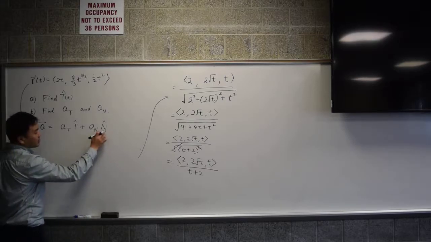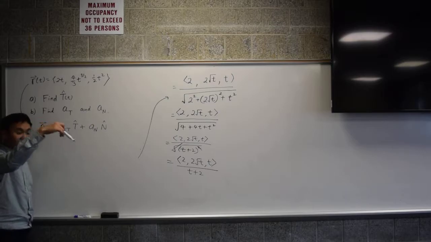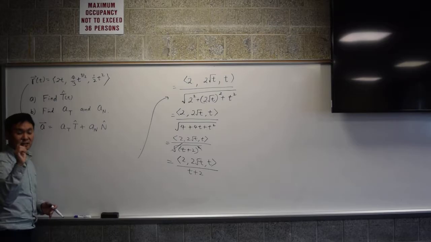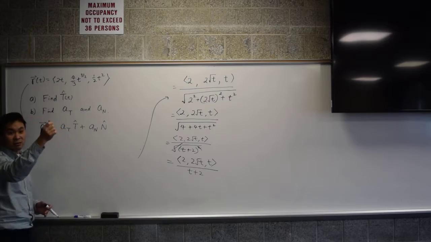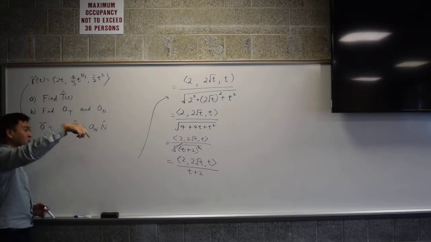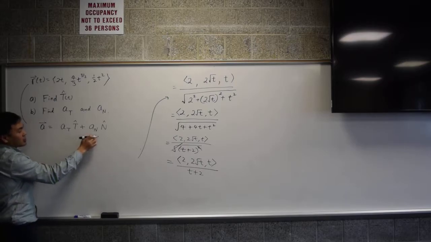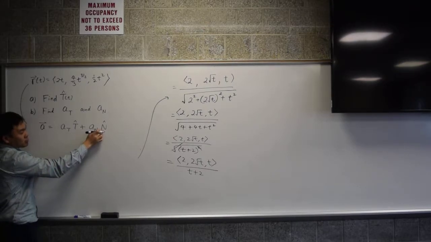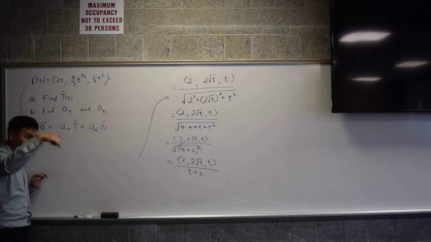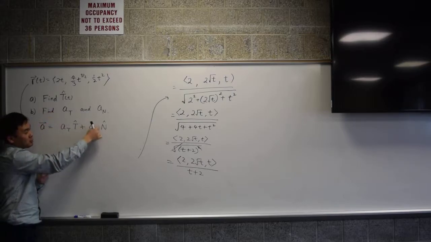I explained why this is called the principal normal: when something gets curved, there's a force pulling the trajectory to make it curve. So N is the normal direction to the trajectory that tells you which direction it's accelerating. Because the principal normal direction always points toward the acceleration direction, this will always be positive.